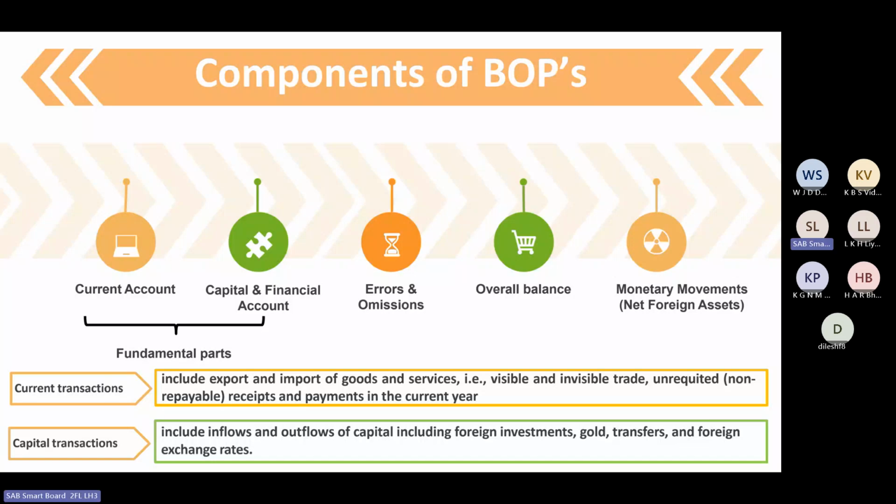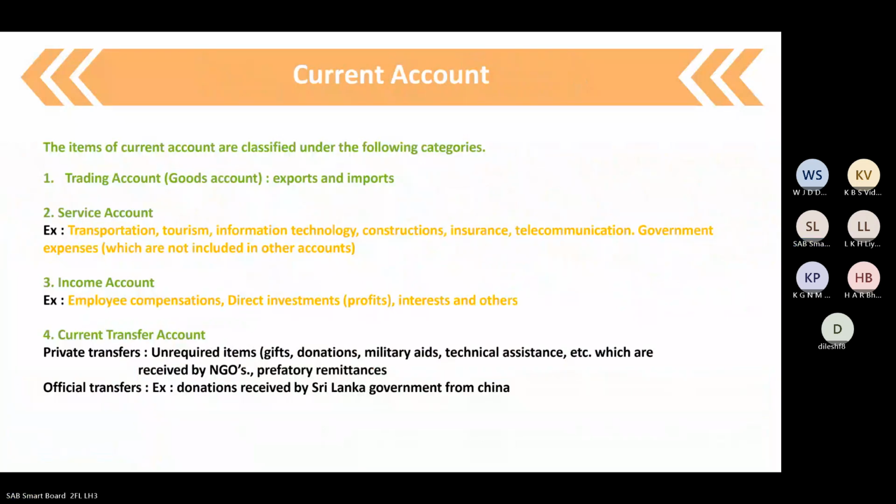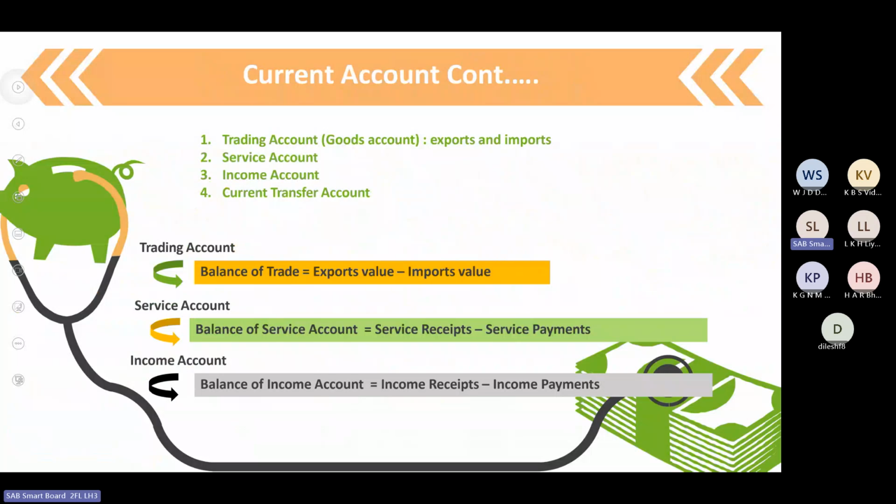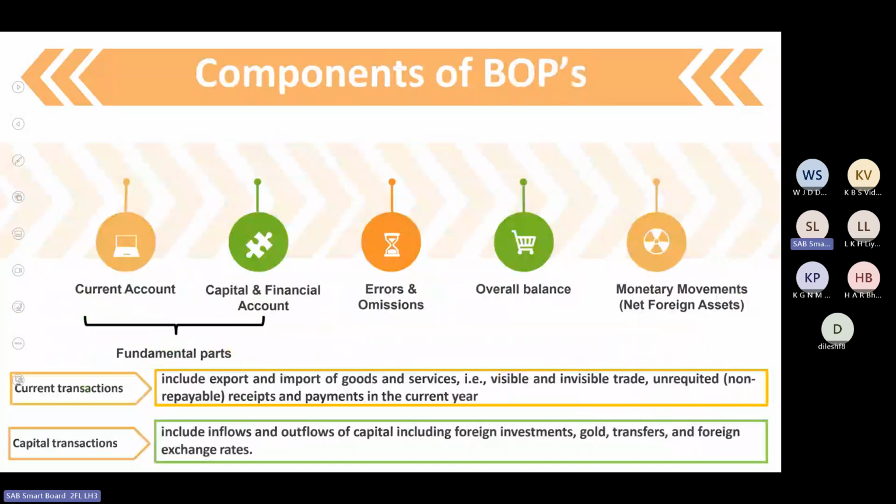There are three components: the current account, the capital and financial account, and the monetary net foreign assets. These are the three components. The others are used to do adjustments. Write down these components of the balance of payment account.